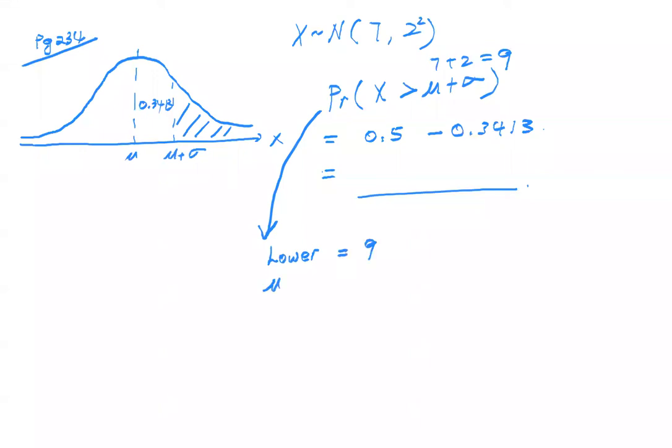Our upper, because there is no upper, you are talking about X from 9 onward, so you have to write down 10 to the power of 99. That means very, very big. Whatever the situation, you just write down 10 to the power of 99.